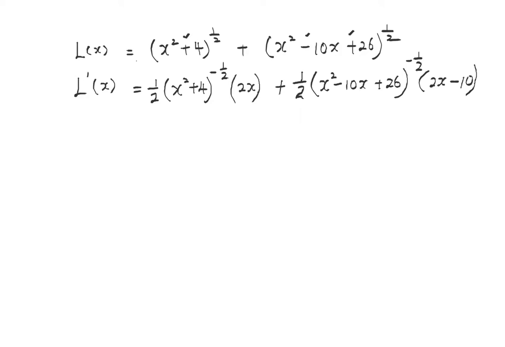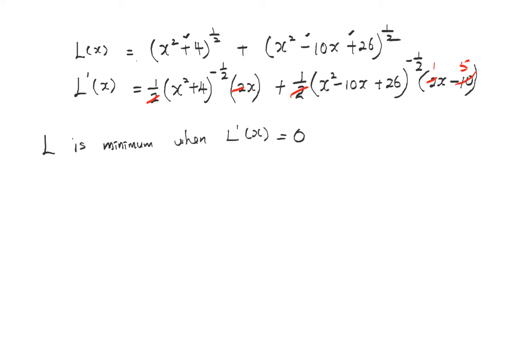L is minimum when L prime x is equal to 0. Am I right? If there is anything that you can simplify, please simplify first. If you don't want to, also nothing wrong.